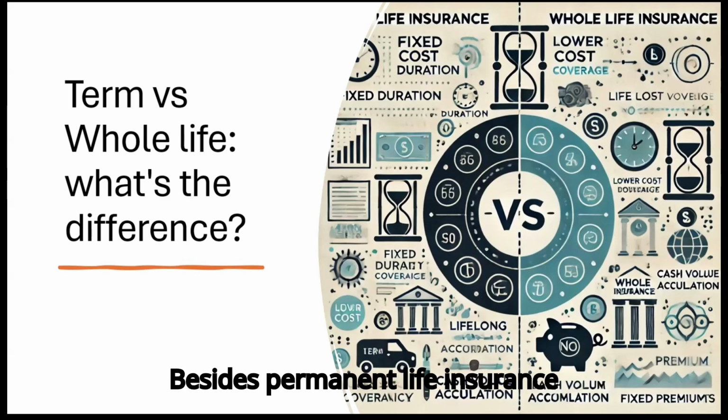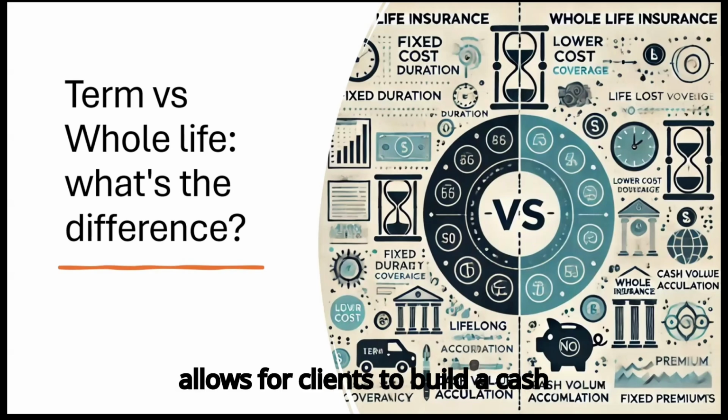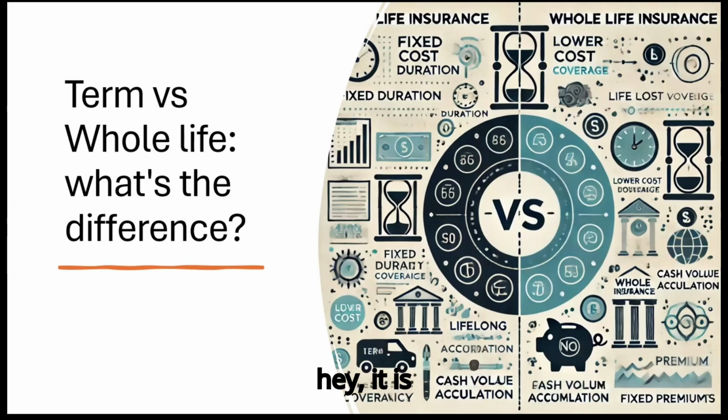Besides permanent life insurance protection, a whole life insurance features cash value accumulation, which allows for clients to build a cash value on a tax deferred basis, right? So when you think life insurance, you normally think, hey, it is for death benefit. But the product names itself, life insurance, right?